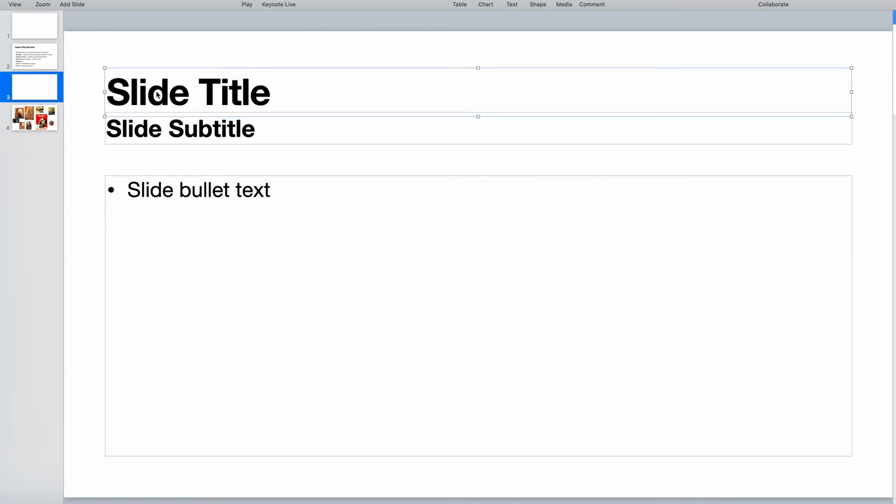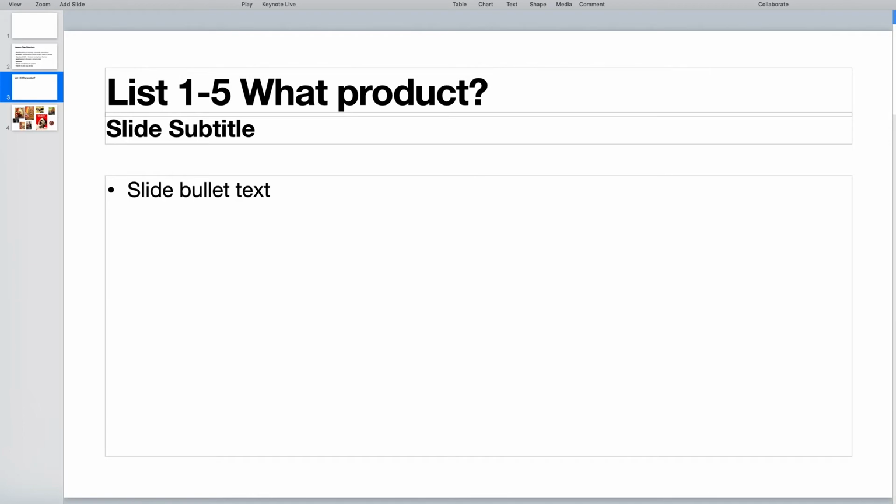take out a paper and list from 1 to 5. And I'm going to ask them what product. And so students know to list in their notebooks, 1 to 5. And for 1, I'm going to ask them, "Give me a break."